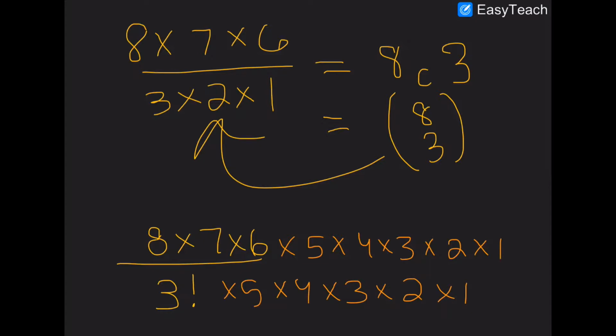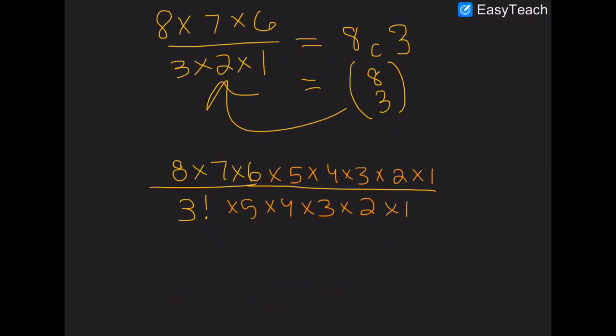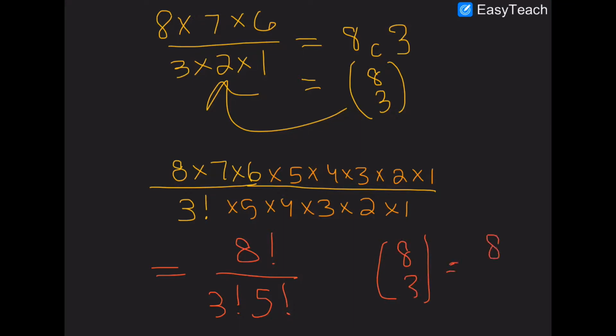And let's just extend the fraction. And if you take this, what you're going to get is 8 factorial over 3 factorial times 5 factorial. So essentially, 8 choose 3 is equal to 8 factorial over 3 factorial times 5 factorial.